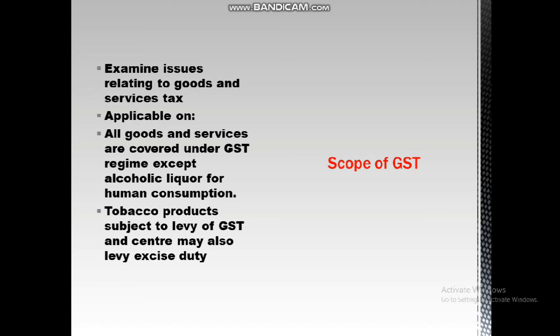The Council shall function under the chairmanship of the Union Finance Minister and will have the State Ministers as its members. The GST bill will be applicable on all goods and services covered under the GST regime except alcoholic liquor for human consumption. Tobacco products are subject to levy of GST and the Centre may also levy excise duty.